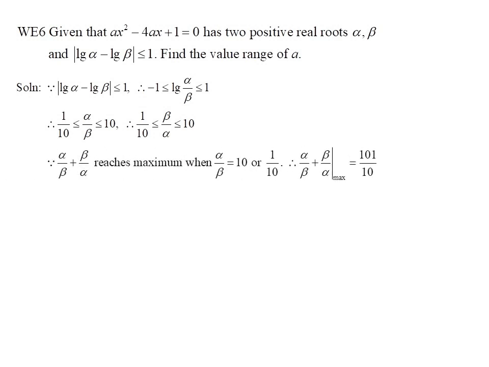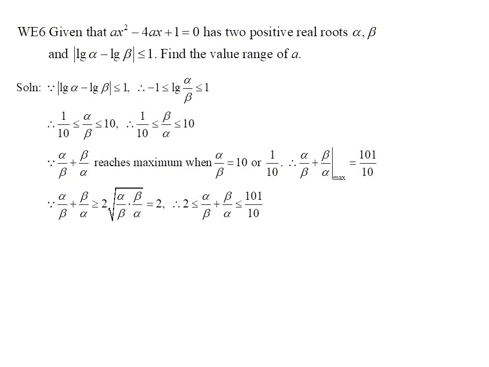On one hand, α over β plus β over α reaches its maximum value, 101 over 10, when α over β equals 10 or equals 1 over 10. On the other hand, α over β plus β over α is greater than or equal to 2. Therefore, the value range of α over β plus β over α is between 2 and 101 over 10, including both endpoints.